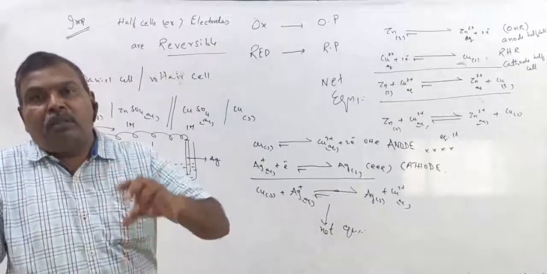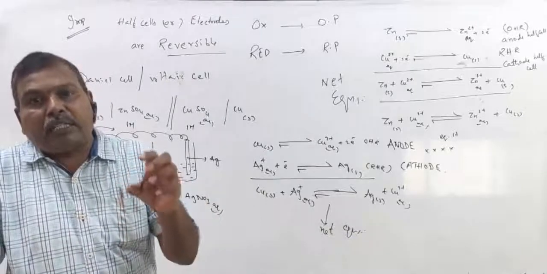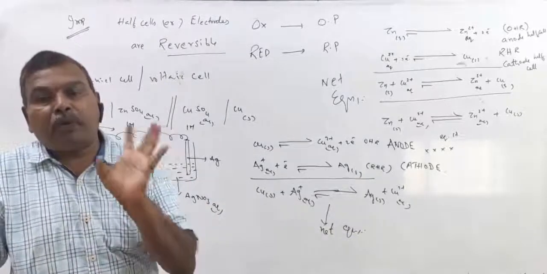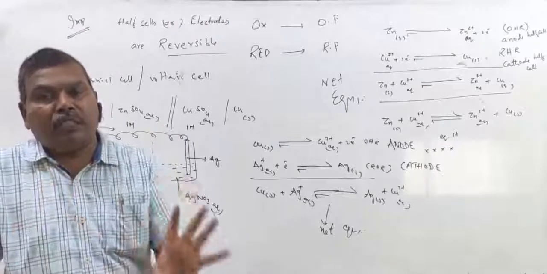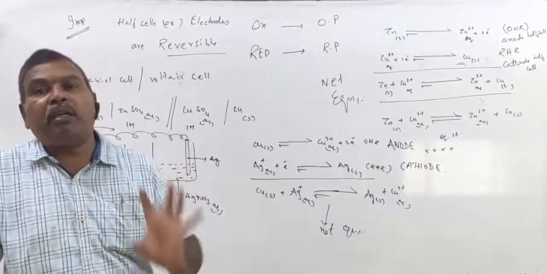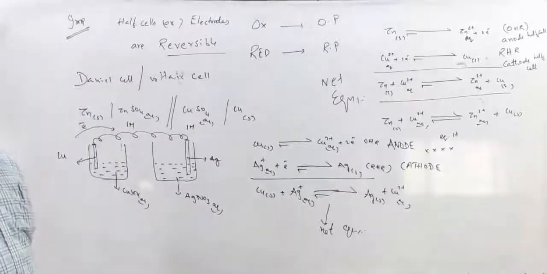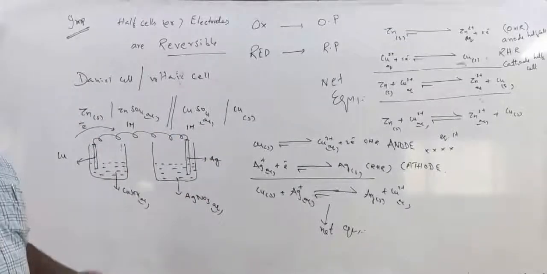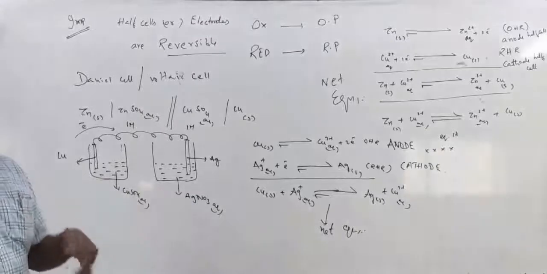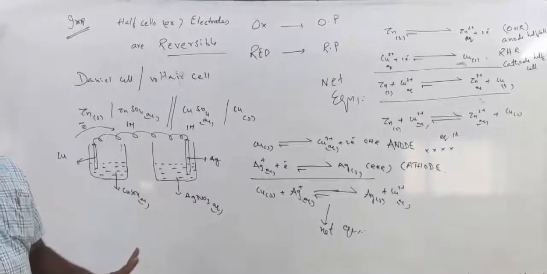If a reduction reaction takes place at that electrode, then the potential developed is said to be the reduction potential. Is it clear? Electrode potential may be oxidation potential or reduction potential.